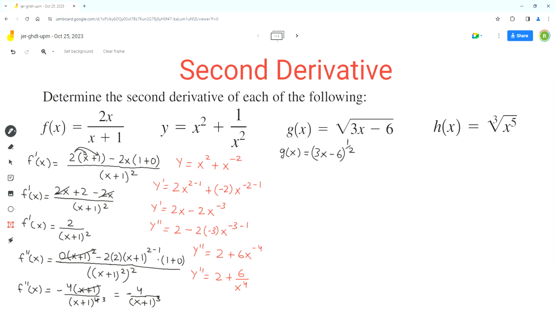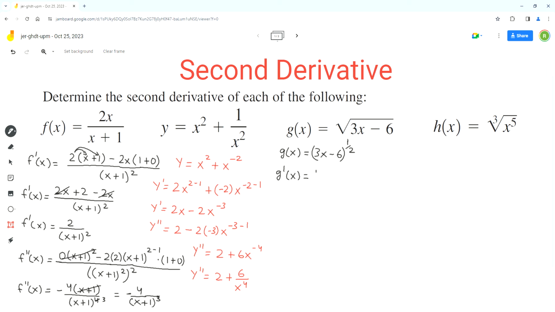Now we can find the first derivative by using the chain rule. So this function has an inner function 3x minus 6, and the outer function is the exponential function with the exponent 1 over 2. So the first derivative g prime of x equals, so we start with the derivative of the outer function, and for that we'll use the power rule.